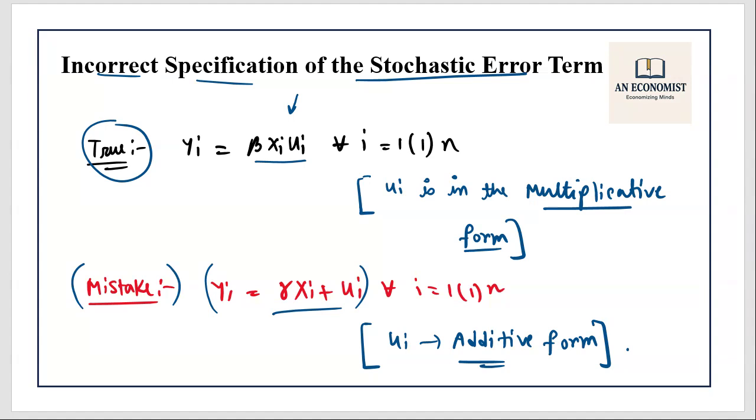So these are the 5 kinds of specification error that as a researcher, an econometrician or a statistician, you can commit while selecting the model. These are the problems of model selection when you are trying to build empirical models, right? In the first line, I told you these are the problems related to empirical modeling of statistical data or econometric data, whatever you call it. So these are the 5 kinds of mistakes which I wanted to share with you.